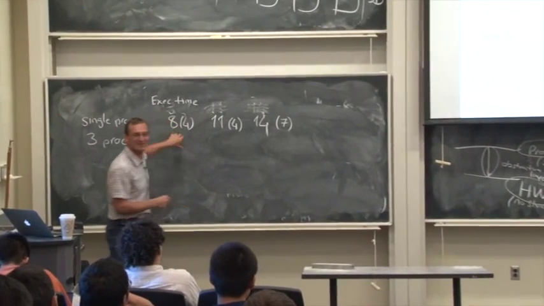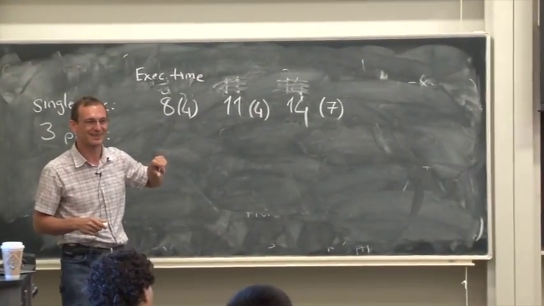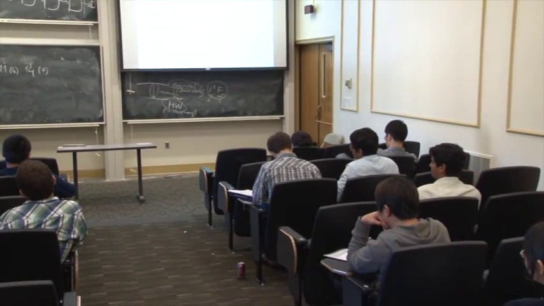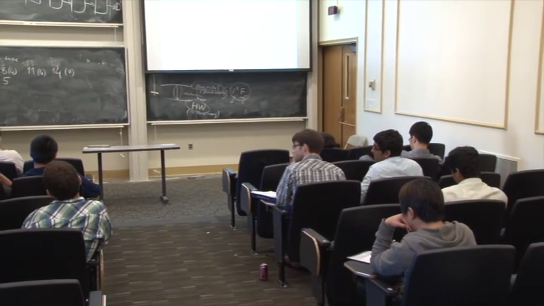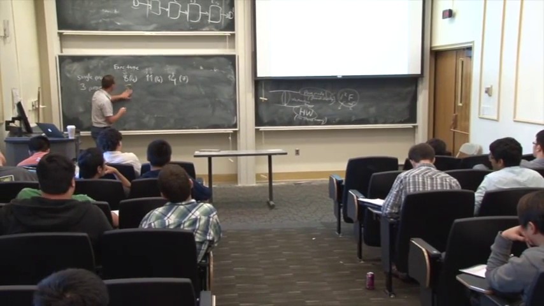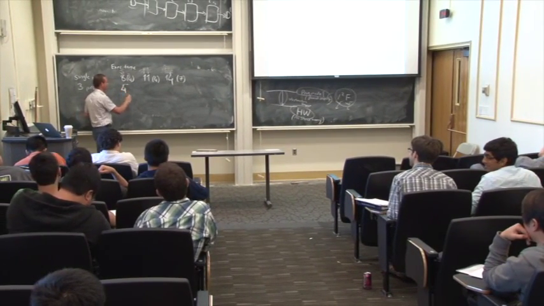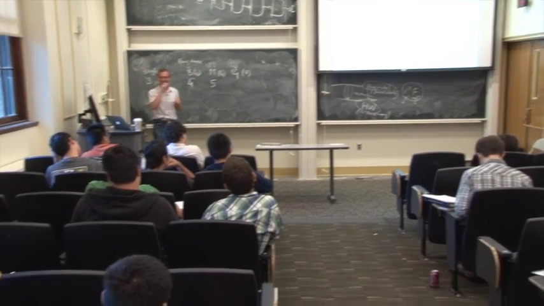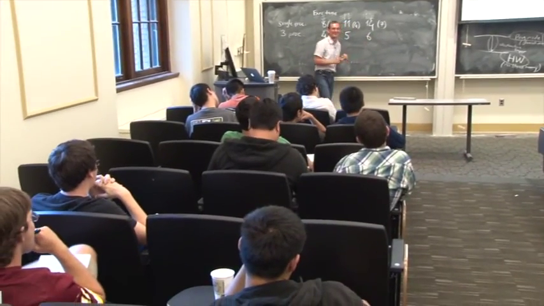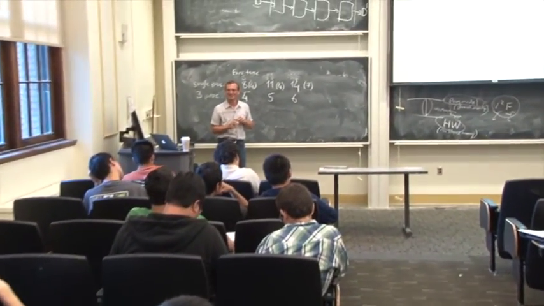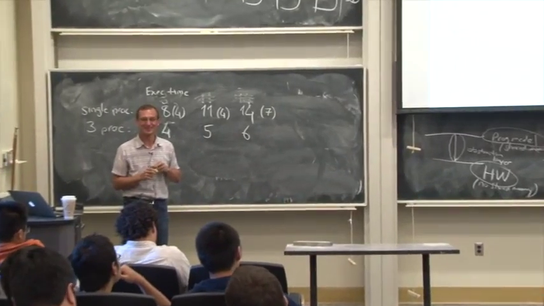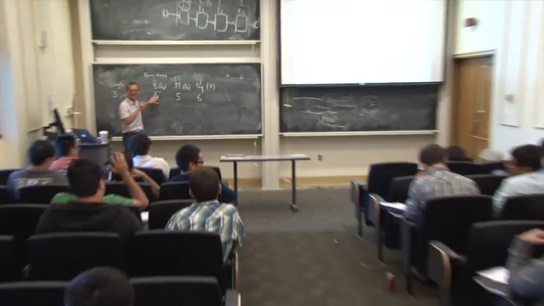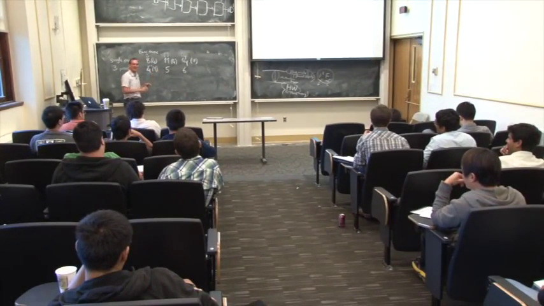What about 3 processors? What is 5 cycles? 5 is one suggestion. What else? 4 cycles. Wow. Okay. I have to see that solution. 6. That's it? So how many people say 4? 1? Is this approximate computing?